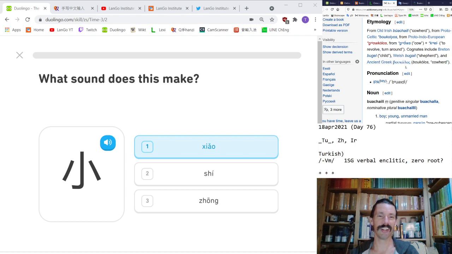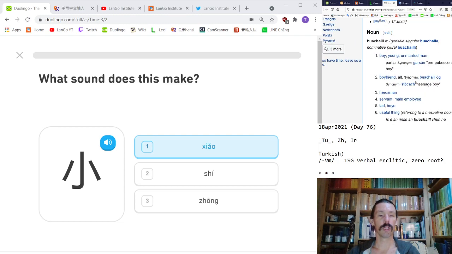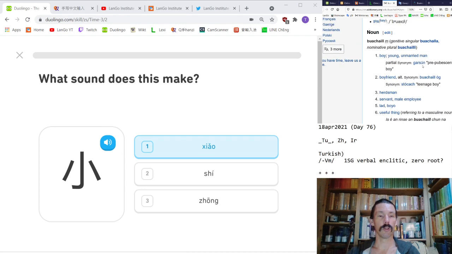Breton bugel, bugale, shepherd, and ancient Greek boukolos, which we have in the word bucolic. Cowherdly, not the bad kind. Originally a herdsman, servant, male employee, and lad, boyo. I love that.